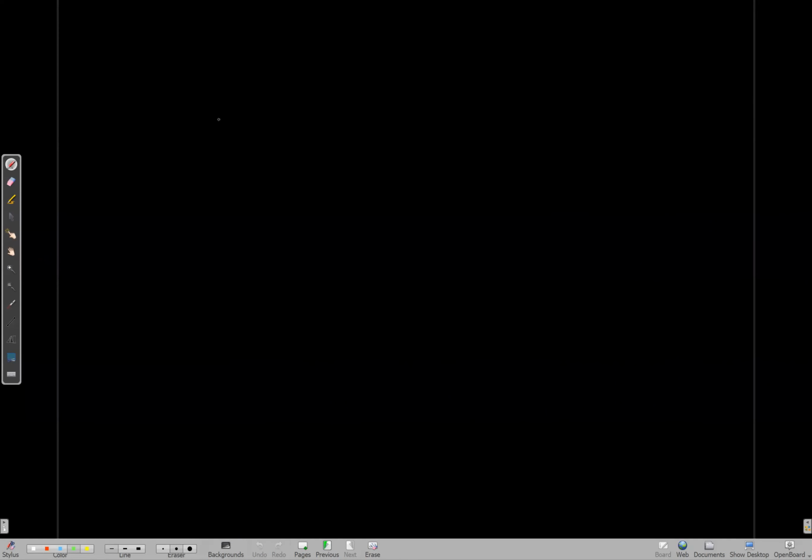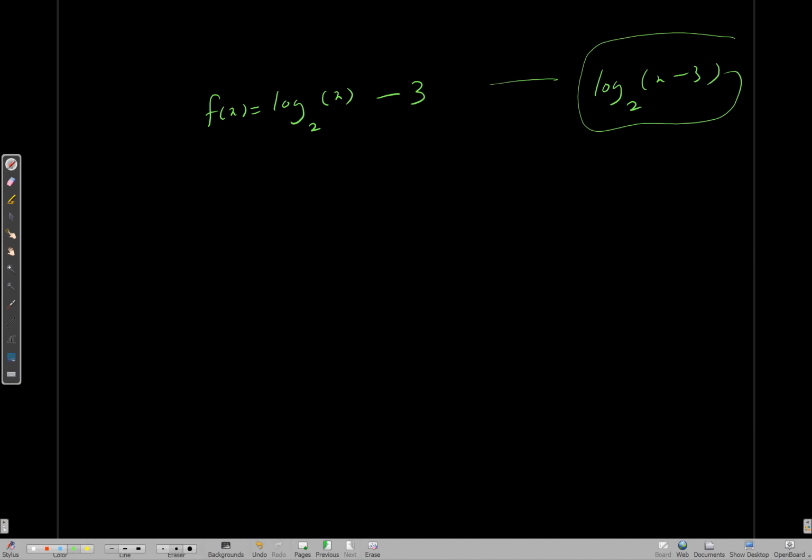How about f of x equals log base 2 of x, then minus 3. See guys, this is completely different from this. This is not this, right? They are not equal. First of all, note that. So first, what you need to do, I'll start with log base 2 of x, the base function.